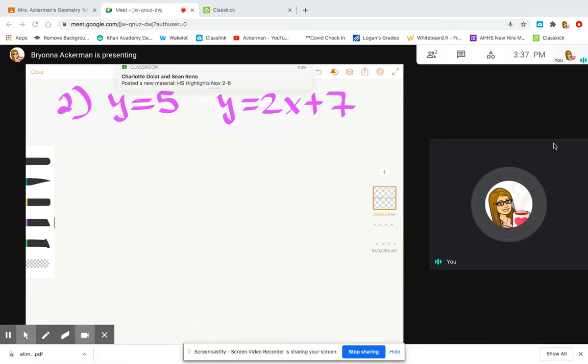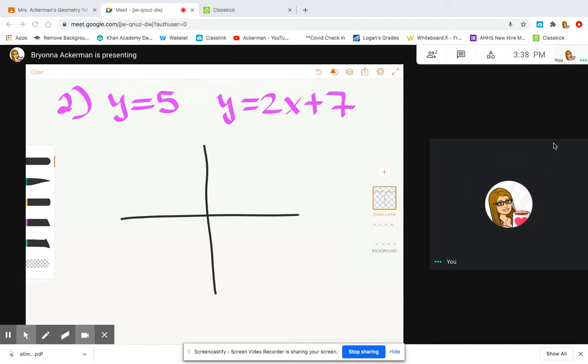Now, these ones are a little bit easier to graph by hand, but if things start getting complicated, you could always graph them on the calculator as well. So I'm going to actually show you both ways. So if I have a graph, and I'm going to have y equals 5. So 1, 2, 3, 4, 5. And then I have some other points.